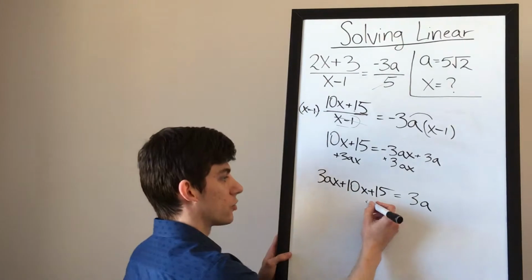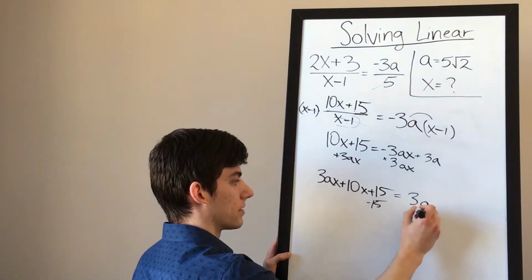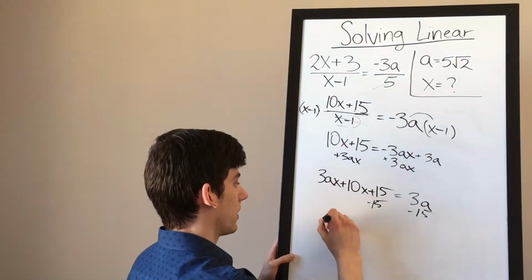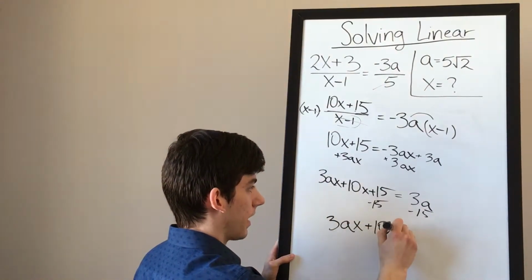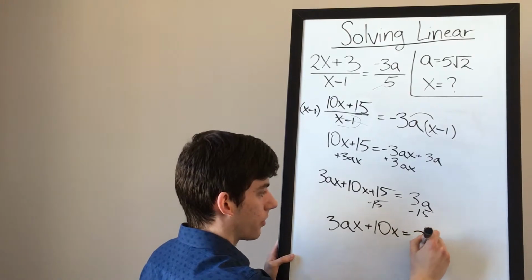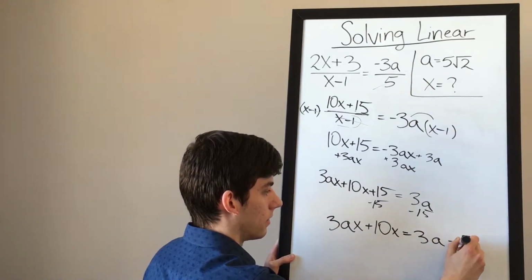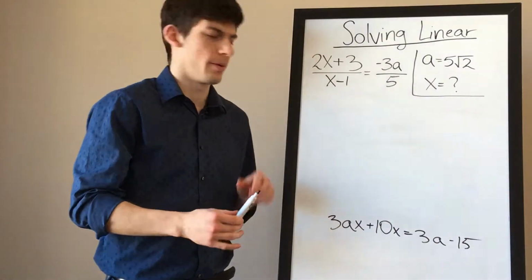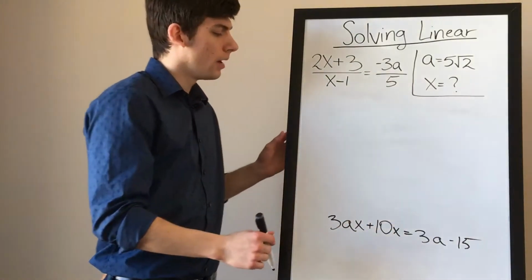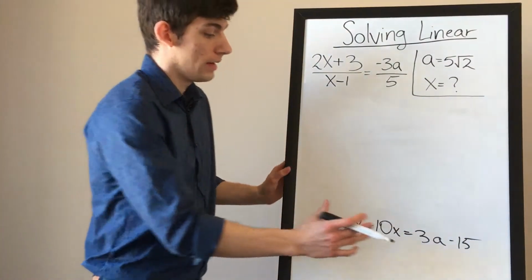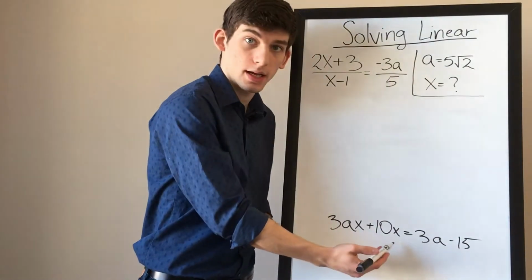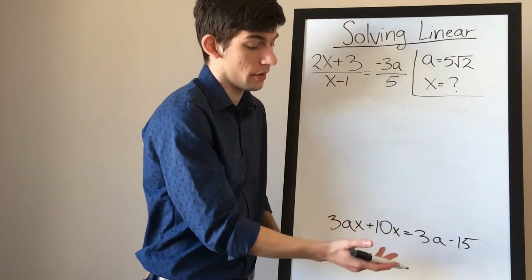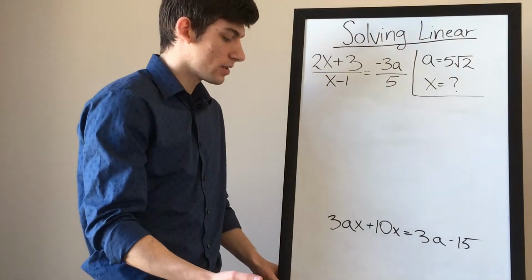So let's subtract 15 from both sides of this equation, which would leave us with 3ax + 10x equal to 3a - 15. Okay, I made a little space here so that we can continue. So now we've accomplished putting all x's on one side and almost all the other stuff on the other side of the equation.